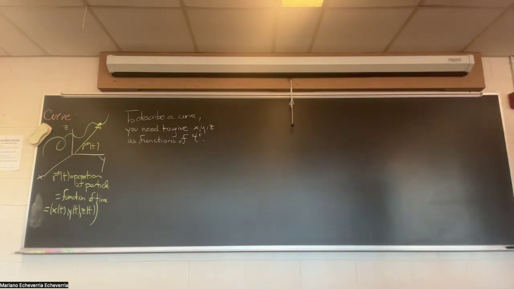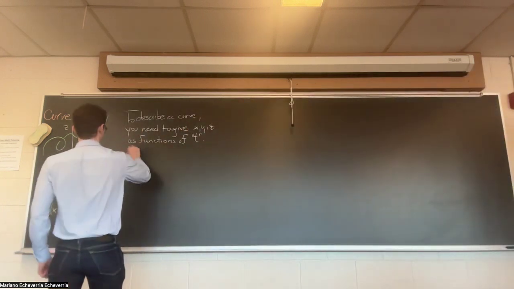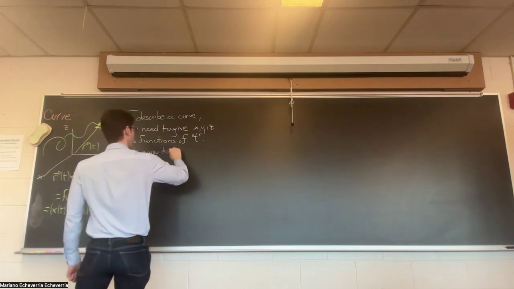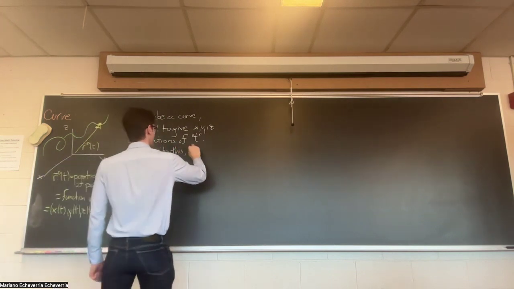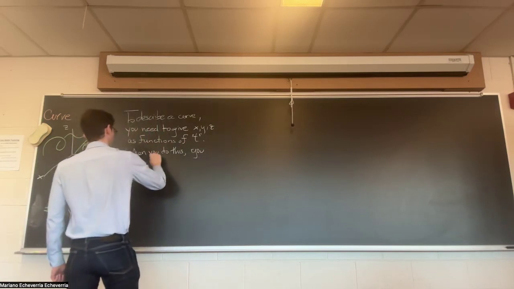And if you describe a curve in this way, that's what we call giving a parameterization of the curve. When you do this, you say that you have parameterized the curve.